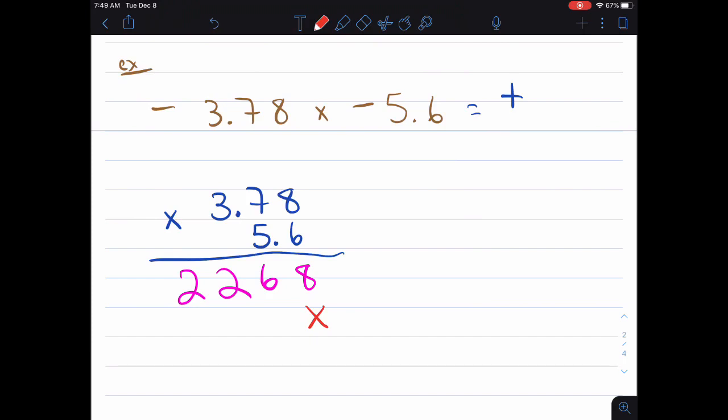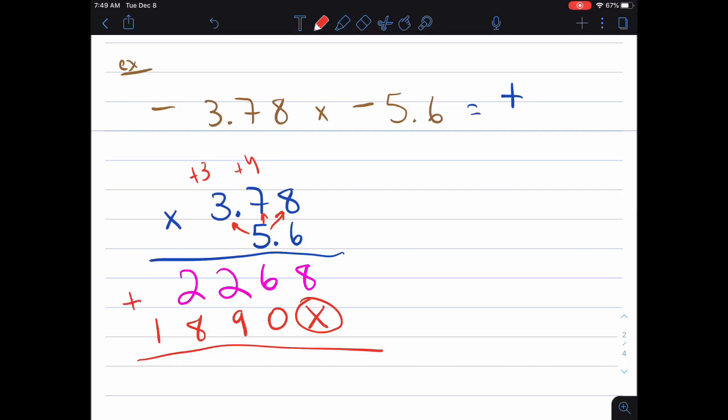Leave a space, un espacio. 5 times 8 is 40. 7 times 5 is 35, plus 4 is 39. 3 times 5, 15, plus 3 is 18. Lo sumo, 8, 6. 2 plus 9 is 11. 2 plus 8 is 10, plus 1 is 11. Here's 2.